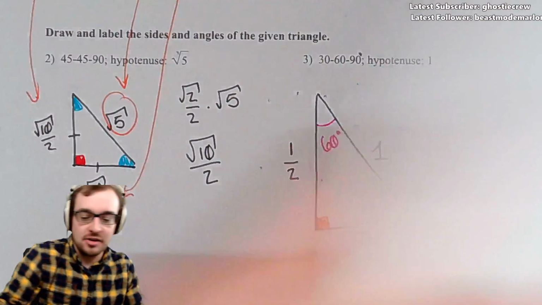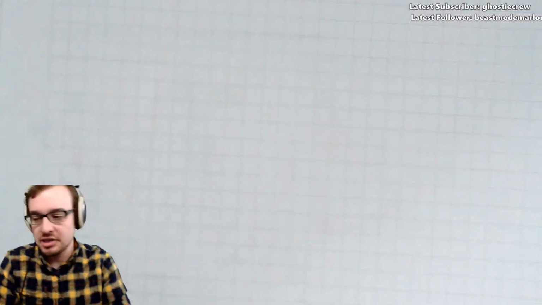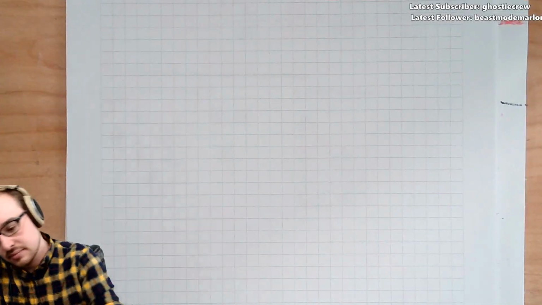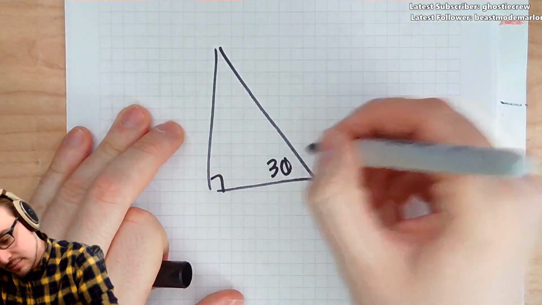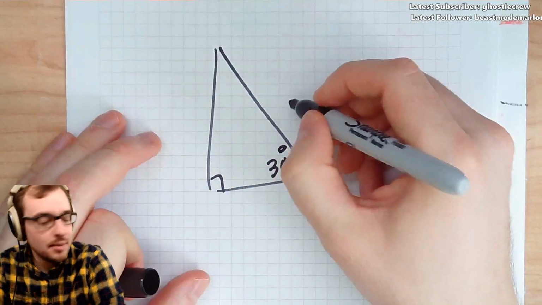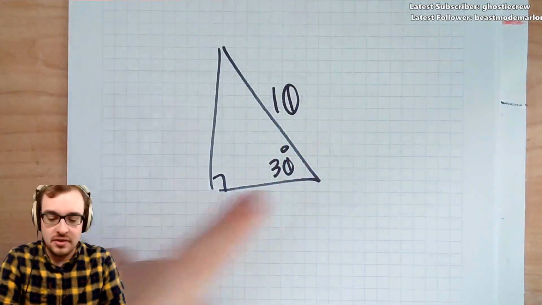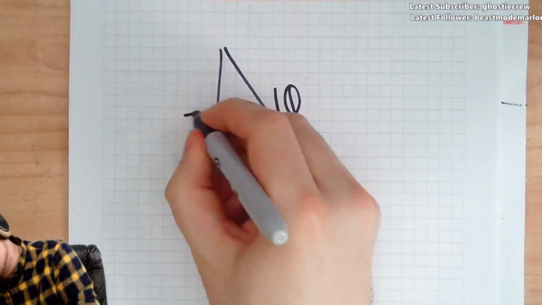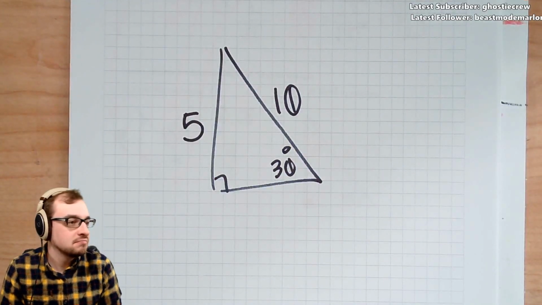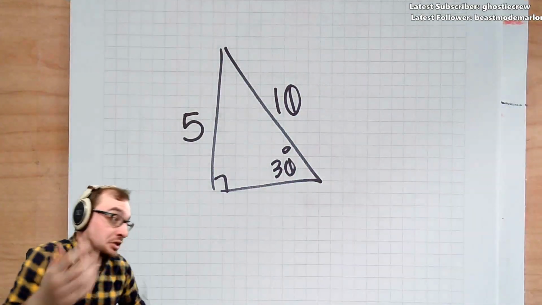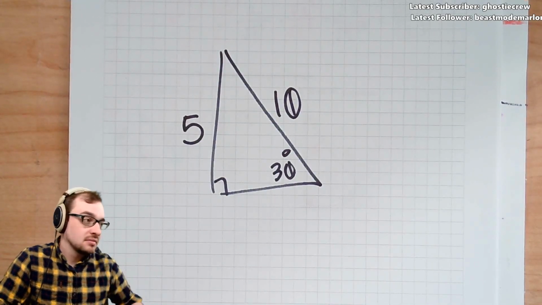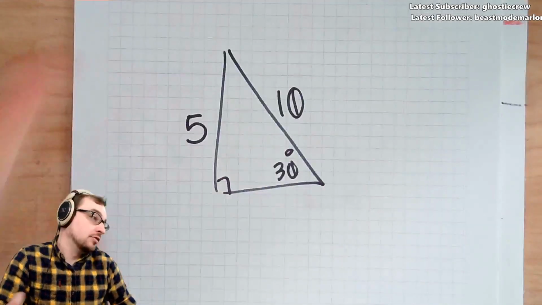So for instance, if I had another triangle that was a 30, 60, 90, and I told you the hypotenuse was 10, then the opposite of 30 would be half that, which is 5. Okay? That's nice. I like that. That's pretty easy, right? If it's root 8, well then it's root 8 over 2 over here, right?